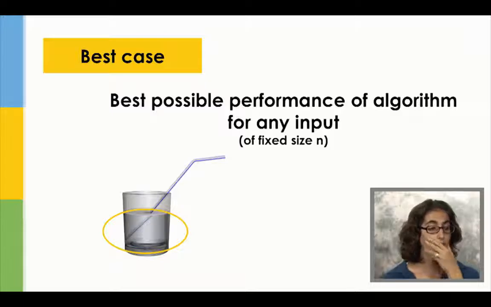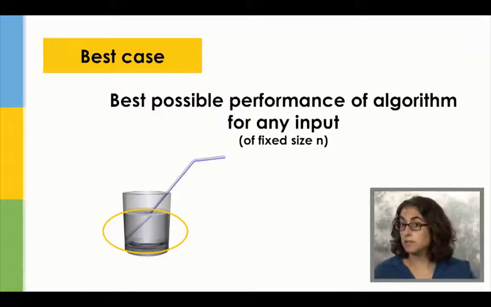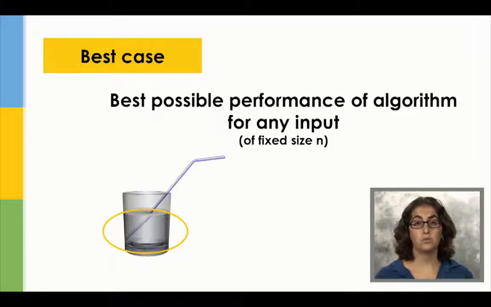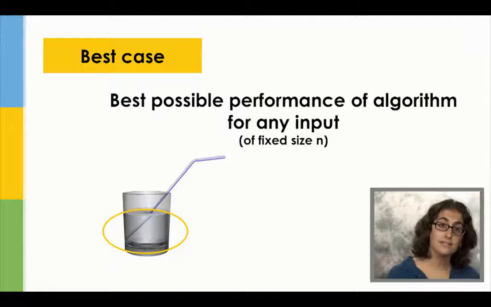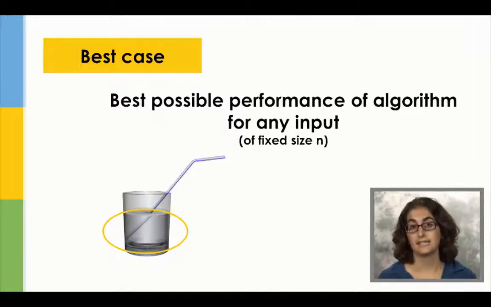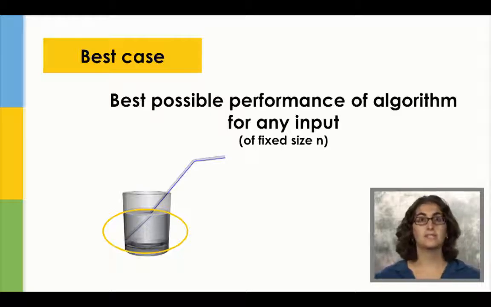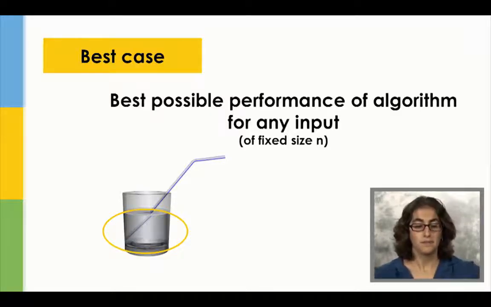So if I give the algorithm just like the most beautiful input, whatever beautiful means, then how quickly can it respond to me? And now still this input is going to be of a fixed size n, so we don't expect the algorithm to be very quick no matter what size input we have. So we're just thinking about within all the inputs of size n, what's the best possible behavior of my algorithm?